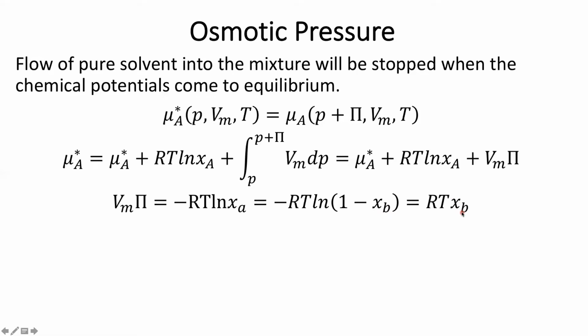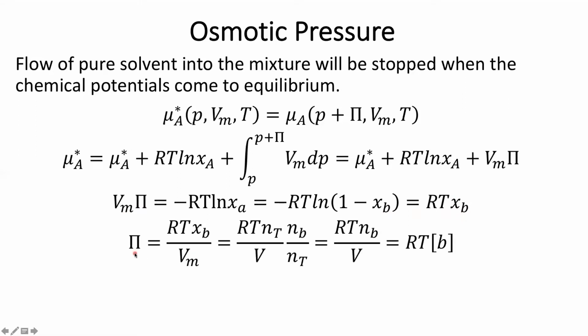So now we have a rather simplified set of equations where I'm going to have the molar volume times the osmotic pressure equals RT times the mole fraction of the solute of interest. So essentially how contaminated the system is. Now what we can do is rearrange the system a little bit more, as I'm going to be solving for the osmotic pressure of the system.